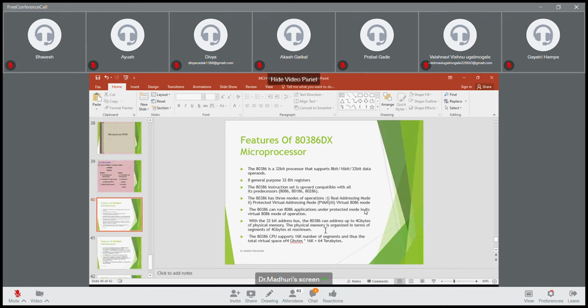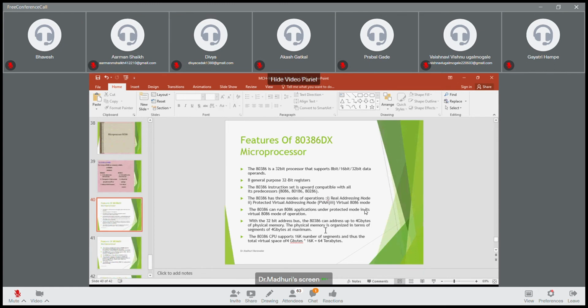Now this we have already seen. I just revised what we have seen. 386 is a 32-bit microprocessor. That's why it supports 8-bit, 16-bit, and 32-bit data operands. It has 8 general purpose registers of 32-bit size. It is upward compatible with all its predecessors, the lower versions of the microprocessor. It has modes like the real addressing mode, protected addressing mode, and virtual 8086 mode, that is the VM86 mode.